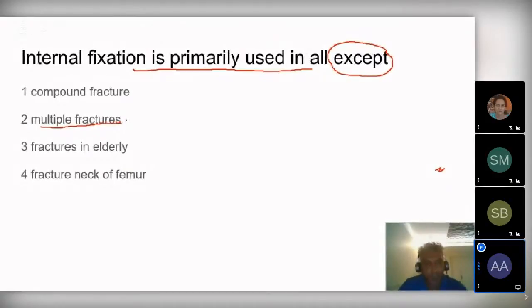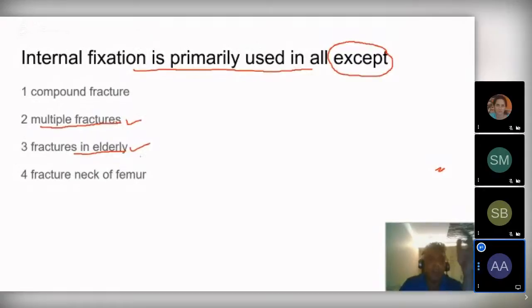So that is correct. Fracture in elderly, you have to do internal fixation so that they will be up and about. Any fracture we fix because we have to make them ambulant, make them take care of their hygiene needs or daily needs.